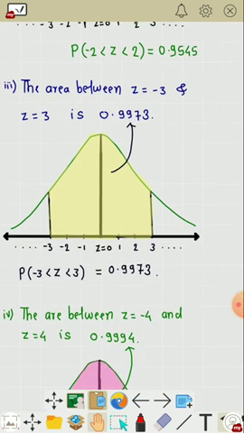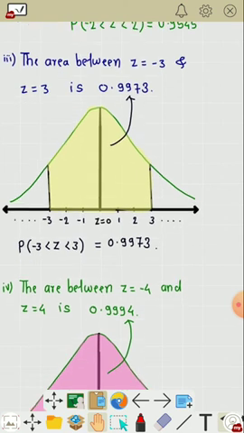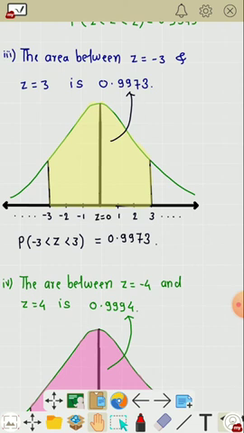The area between z equal to -3 and z equal to 3 is 0.9973. As shown in the figure, the curve is a standard normal curve, and it is symmetric about z equal to 0.